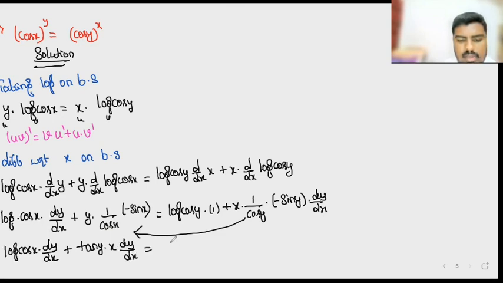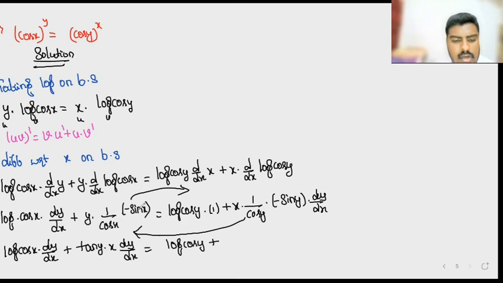Equal to log cos y. Here also plus into minus; when you shift it to this side it comes to plus. So sin x by cos x, that means tan x into y, comes here. Got it now?